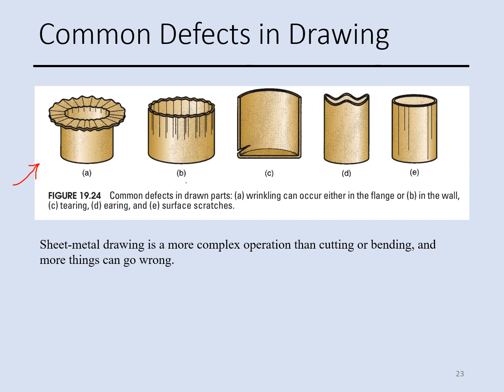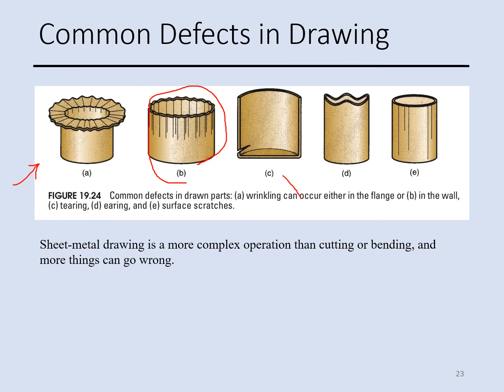The next defect is this one, where we have wrinkling in the wall. If the wrinkled flange is drawn into the cup, these ridges appear in the vertical wall, and that is a defect. This is not what we want from this process.